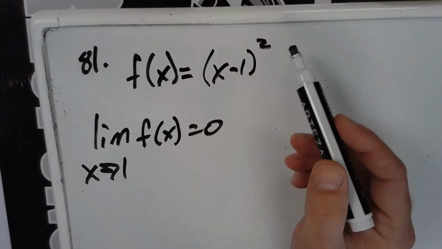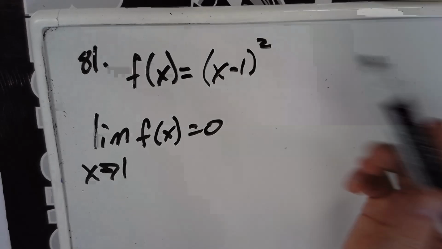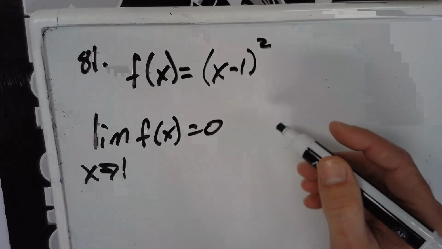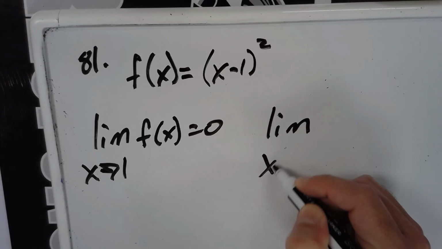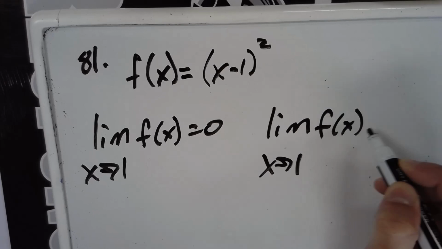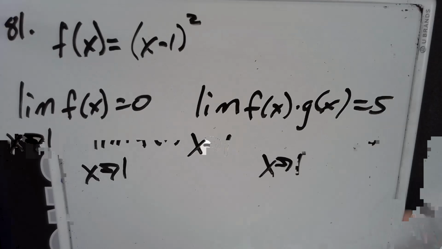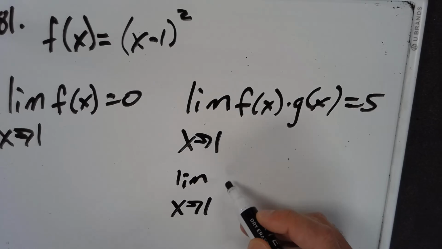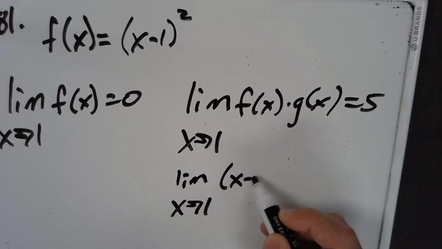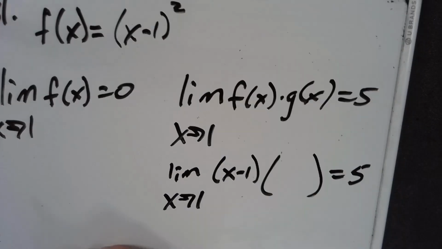So it could just be x minus 1. Yeah, the squared is fine, but it could be just x minus 1 even. So basically what we're saying is, because this is also what they're saying, what is the problem with this right now?